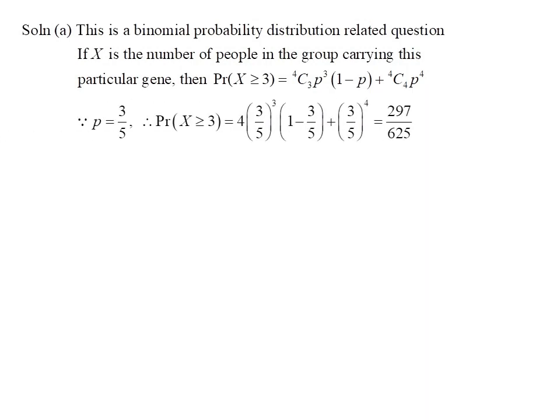Since p equals 3 over 5, Pr(X ≥ 3) equals 297 over 625 after being calculated and simplified.